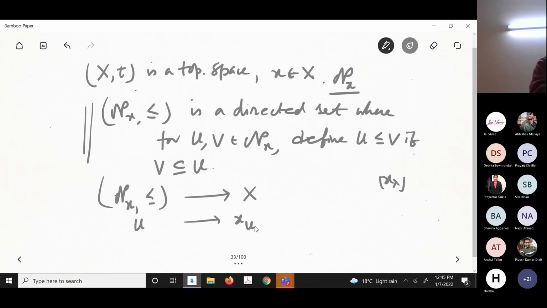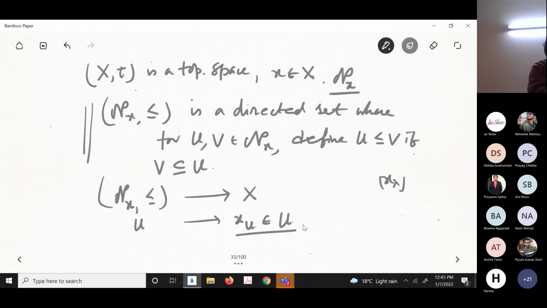But what x_U will you choose? You can have many things, but actually what we do, we will later understand. Choose a point x_U belongs to U. Any point you choose. Here you are using the axiom of choice.